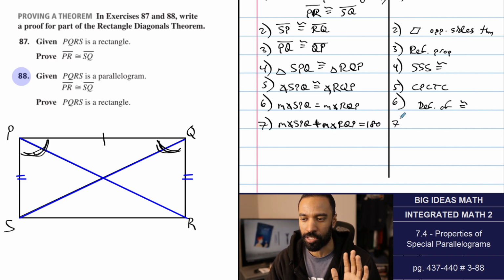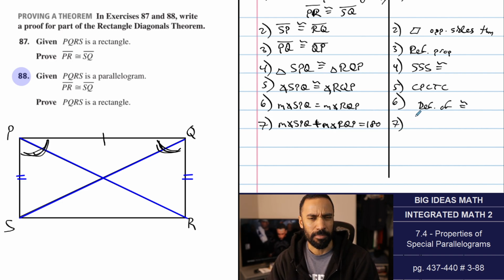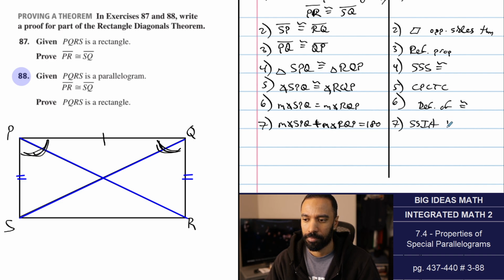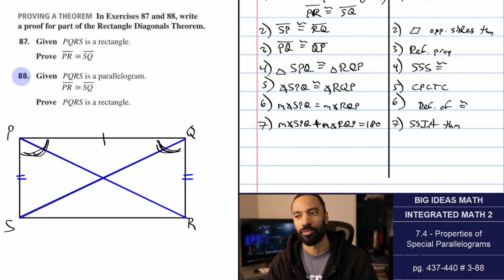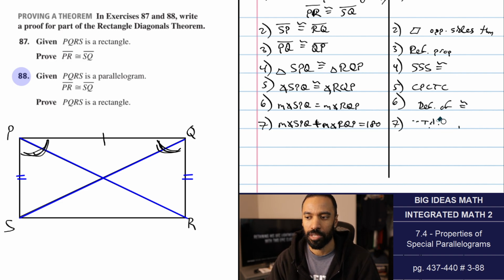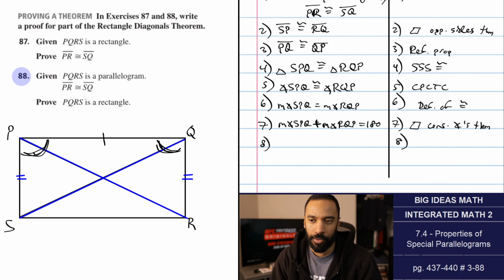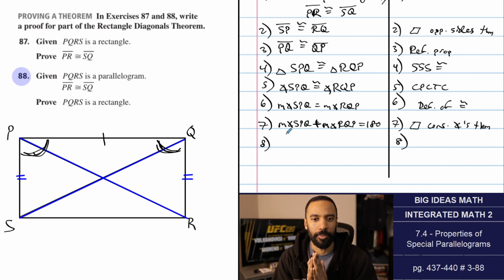This actually can work in my favor, because of the supplementary angles in a parallelogram, the consecutive angles theorem. Let's work off it that way, not same side interior.